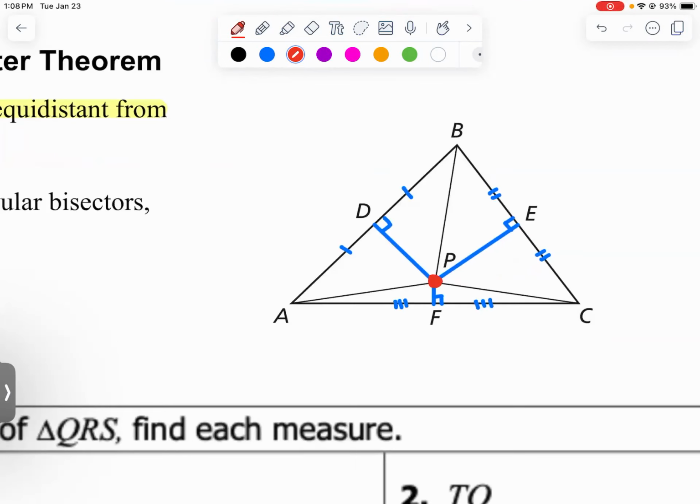So if I calculate the distance, I'm highlighting in red here, to each of our vertices, those are all the same length. Okay. So we have perpendicular bisectors meeting in such a way that they all are the same distance to the three vertices.